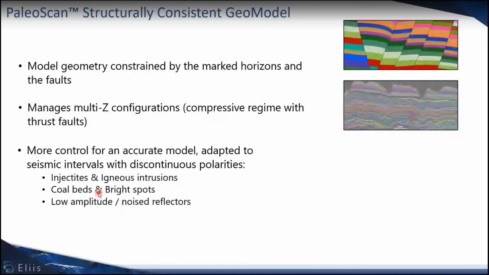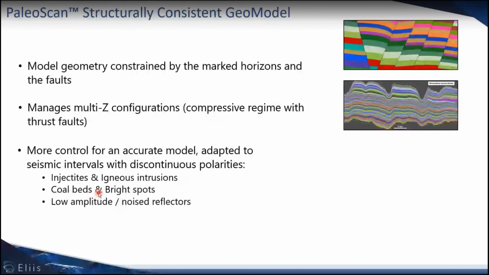So in this case, if you're just using the marked only faulted method for this, you can just constrain your geometries by marking the reflectors above your coal bed deposit, for example, and below and laterally. And then PaleoScan is just going to use these geometries that you've marked to cut across the coal bed, disregarding the polarities induced.